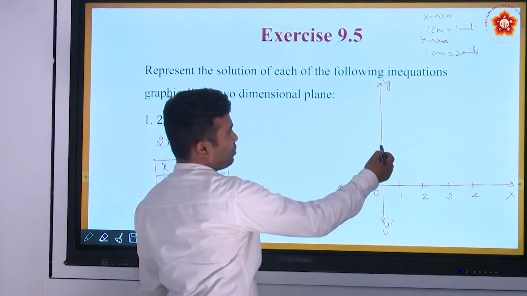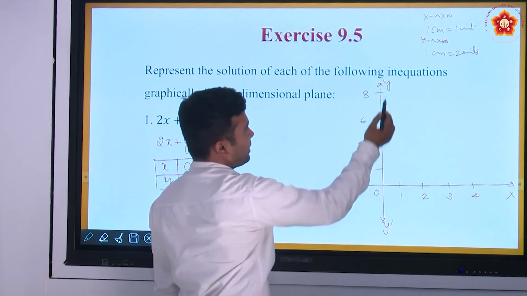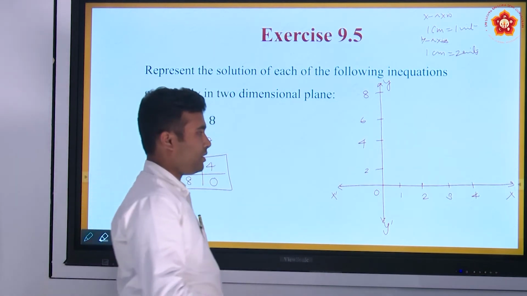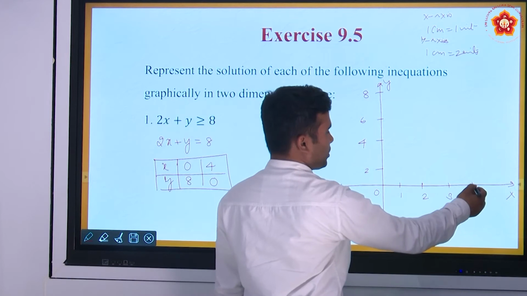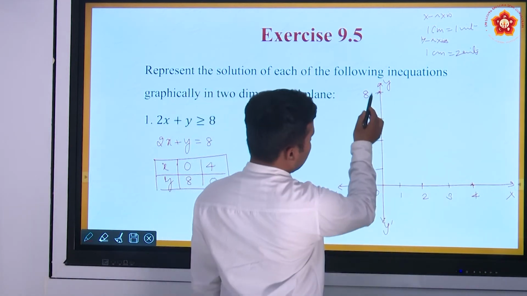On the y axis 2, 4, 6 and 8. Now my coordinate points are (4, 0) and (0, 8). Let us join this.